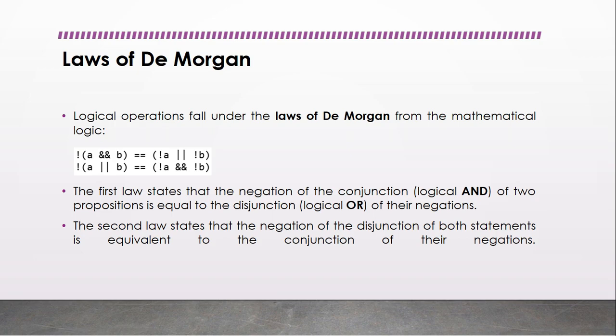The second law says that the negation of the disjunction of both states is equivalent to the conjunction of their negations. Negation of A and B is equal to negation of A, and this AND is converted to OR, negation of B. Negation of A or B is equal to negation of A, and this OR is converted to AND, negation of B.